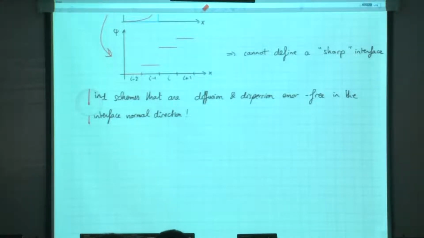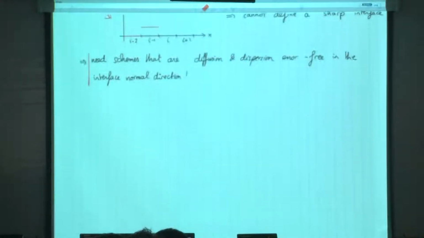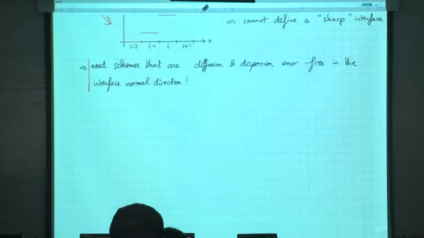So let's look at what such a scheme could look like. Well, it's not particularly complicated to imagine a way to transport a VOF field information that does not spread the front in any way. The simplest way to get this would be to transport the front itself.